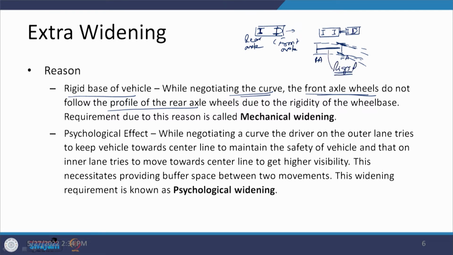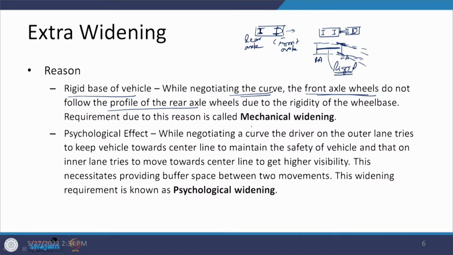Now, this is the thing which is happening, which cannot be controlled in any form, because this is bound to happen based on the length of the vehicle, the widths between the two wheels on the axle and all of those things. We take this into consideration, and then this particular thing is being defined as mechanical widening.